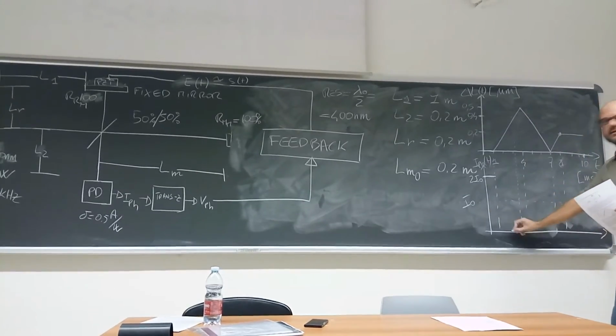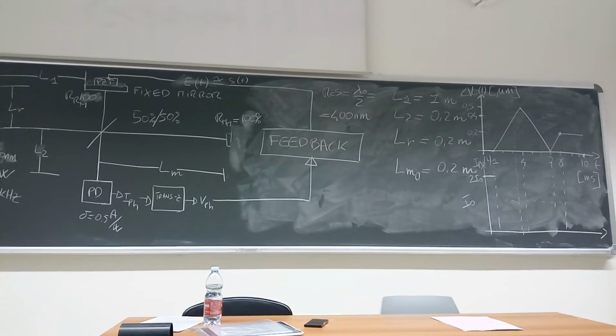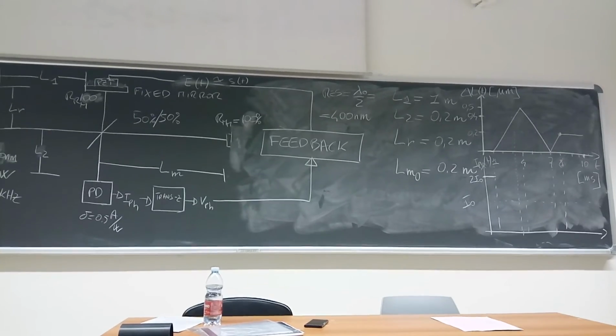what will we see on the photodetected current? Remember that if the measuring target moves by a quantity equal to lambda over 2, in this case 400 nanometer, we see a full period in the interferometric phase.